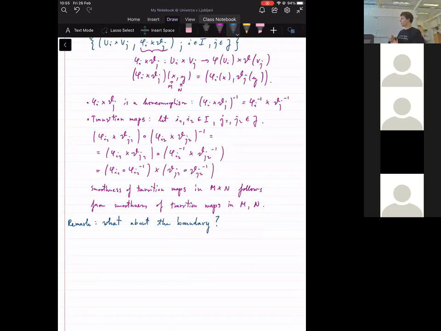Can you think of a counterexample when M times N is not a smooth manifold if both M and N have boundaries?